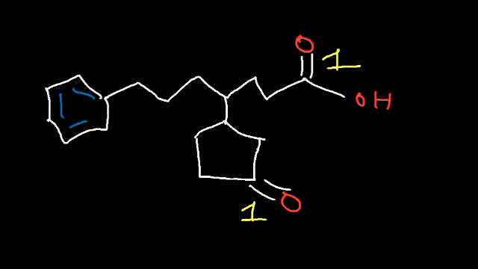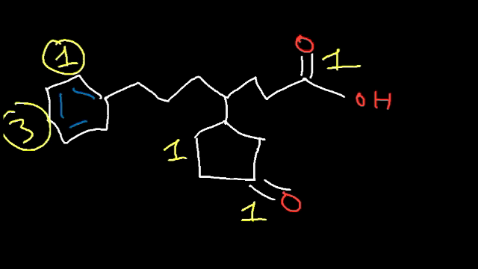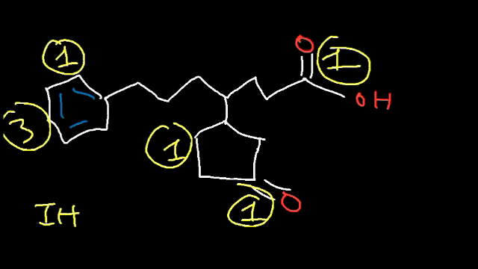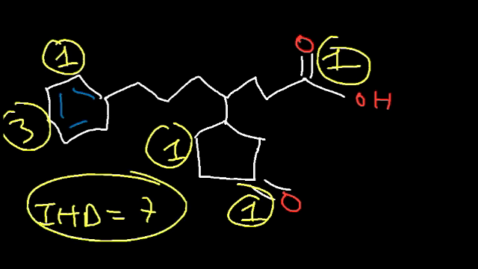This is 1. And for the ring, it's 1. And for this ring, it's 1, but there's 3 double bonds in the ring, so that's 3. So it's 4 for the benzene ring, 5, 6, and 7. So the IHD is 7 for this compound. So that's the main idea behind index of hydrogen deficiency, or degrees of unsaturation.